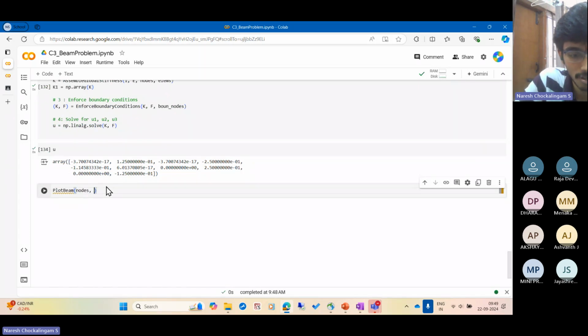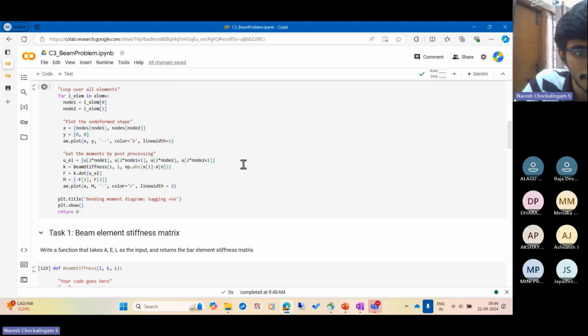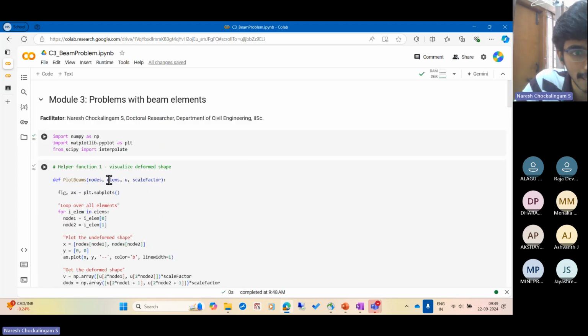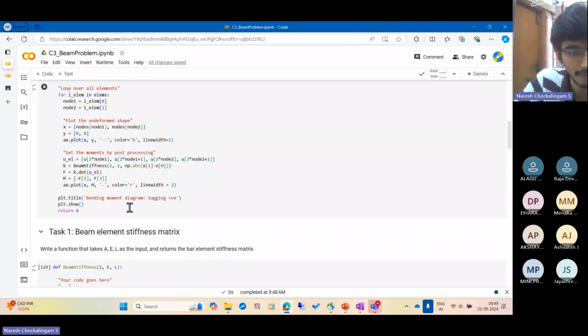You need to input nodes, LMs, and then, see the arguments, right? I have to give nodes, LMs, the displacement field, and a scale factor. The scale factor is needed when we solve actual problems, with actual materials like concrete or steel, where the displacement will be like 1/1000th of the span, and we can't see it clearly.